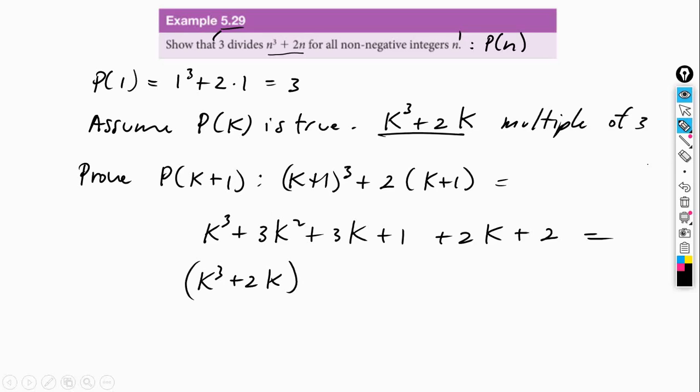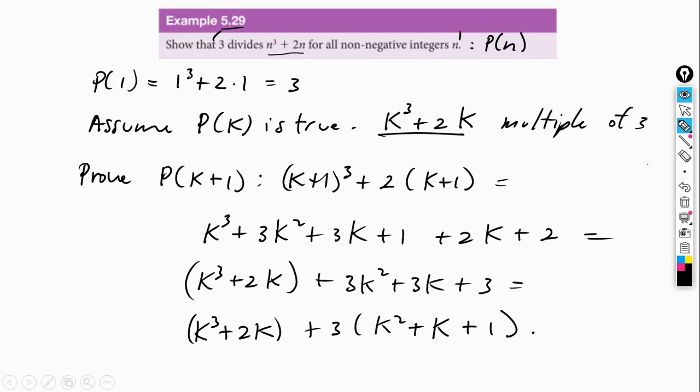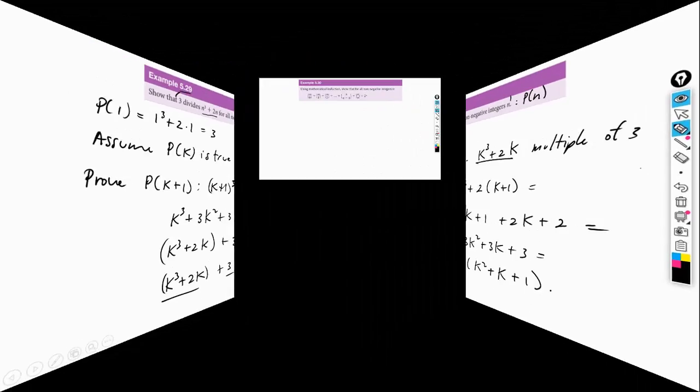Notice that we get 3k squared plus 3k plus 3, which can be written as, so notice that we said previously that this is a multiple of 3, and this is also a multiple of 3, obviously, because it's being multiplied by 3. That means that we have proven that the statement is true through the method of induction.